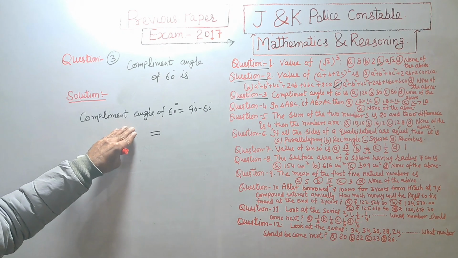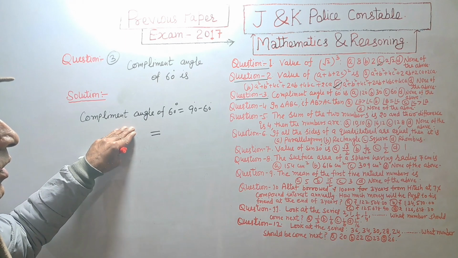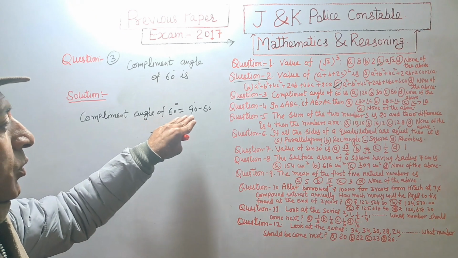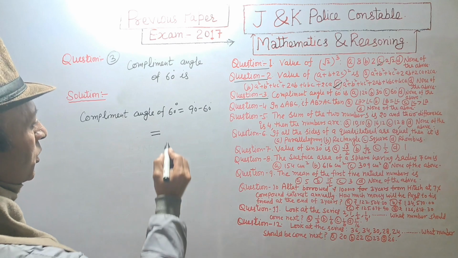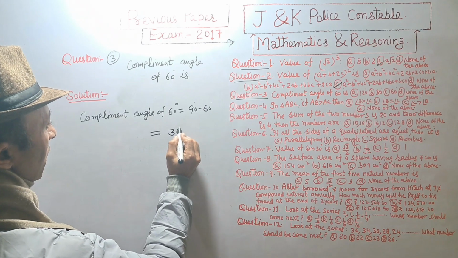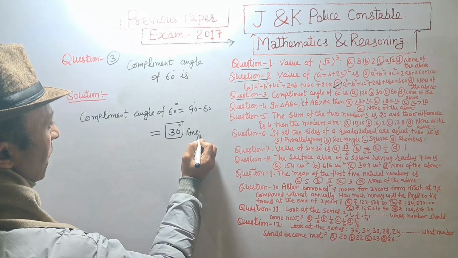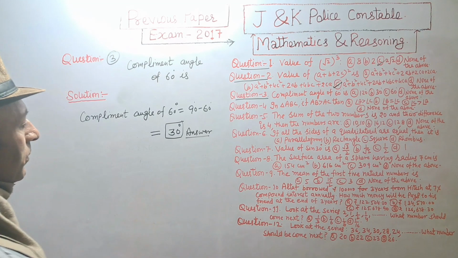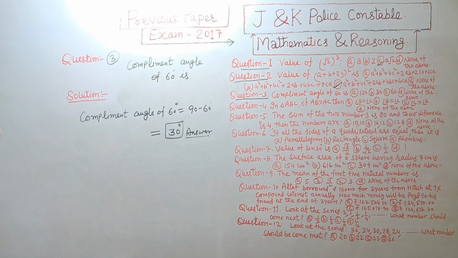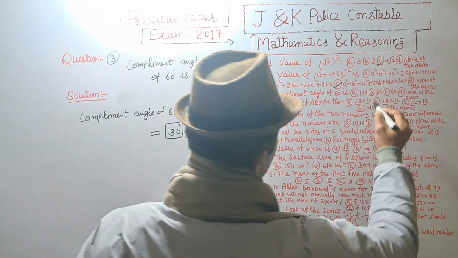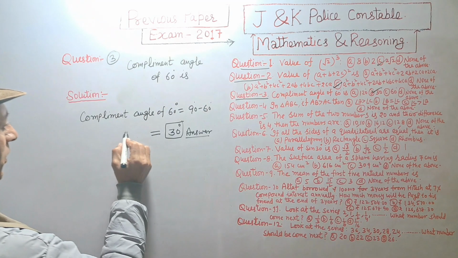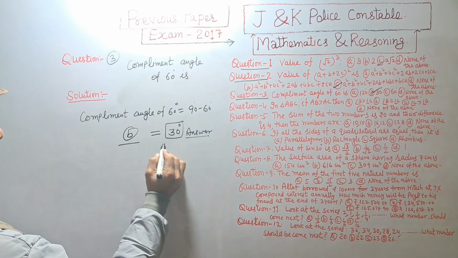We find the complement angle of 60 degree equal to 90 minus 60, that is equal to 30 degree. Answer, option number B. Option B is correct answer.